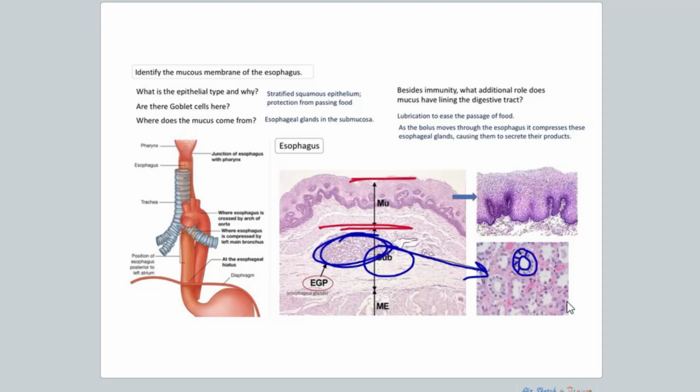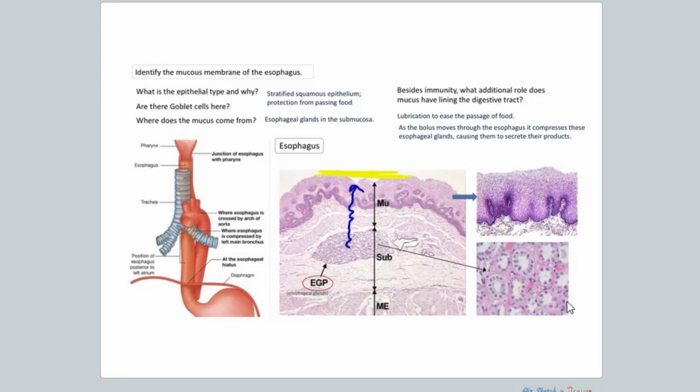What type of epithelium are we dealing with here? We're dealing with simple cuboidal epithelium. Simple cuboidal epithelium is going to produce this mucus, secrete it into this duct, and then that duct is going to travel through the mucus layer, and it's going to secrete that mucus on top of the stratified squamous epithelium there.